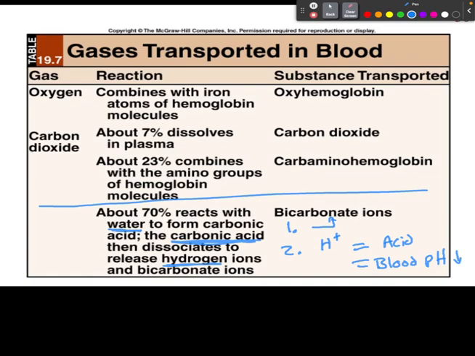Because it's not CO2 necessarily that gives you an acidic blood, but when the CO2 turns into carbonic acid and dissociates into bicarbonate, the hydrogens that get in there will lower your blood pH and therefore become acidic.